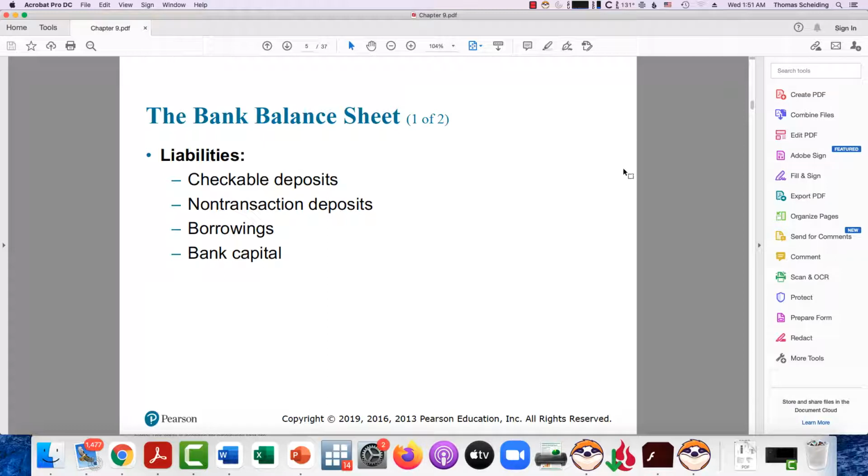Banks also can borrow money to fund their operations, and that money that they borrow would also be a liability. Finally, we would have bank capital.